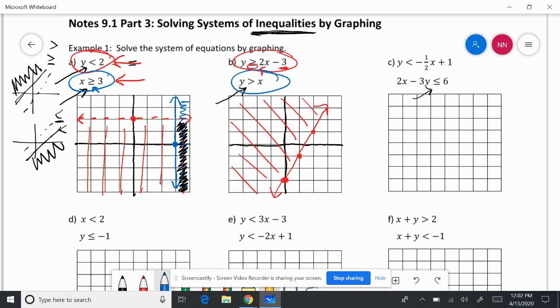With my second inequality, I don't see a y-intercept, so I know it's 0. My slope is 1, so that's 1 over 1. So I go up 1, right 1. To make sure that it's straight, I go up 1, right 1 again. I draw a dashed line this time.